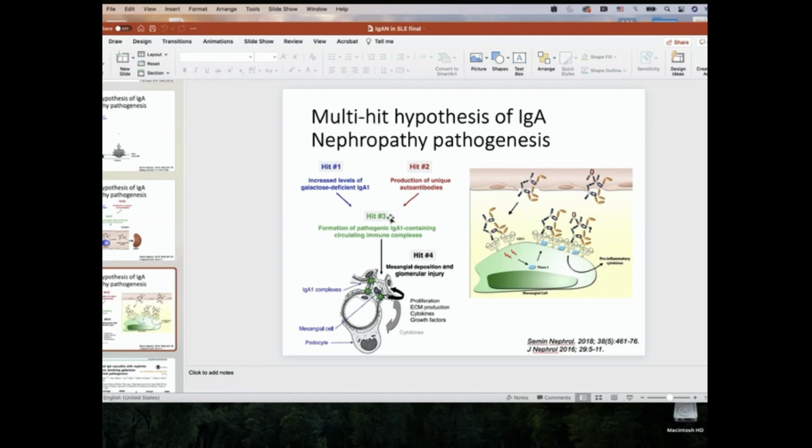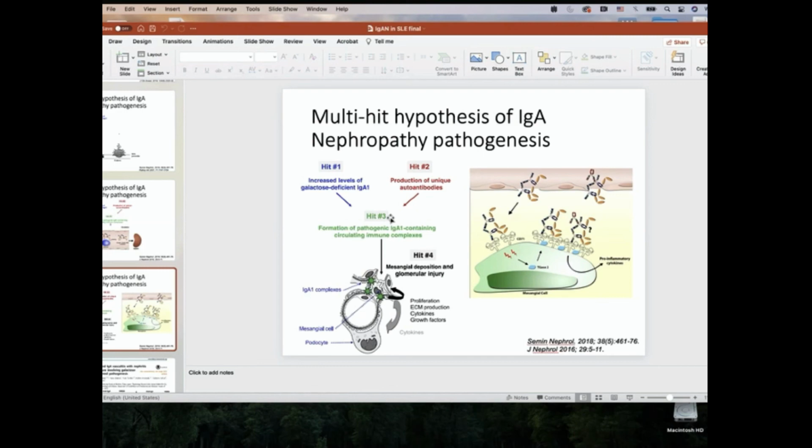And there are also studies showing, even in cases that are IgG negative by routine IF staining, when there is an eluate from the mesangium, from the kidney of IgA nephropathy patients, and they do chemical analysis, I forgot the analysis, it's similar to mass spec but in a different way, a more purely biochemical method, they can detect IgG in the mesangium.